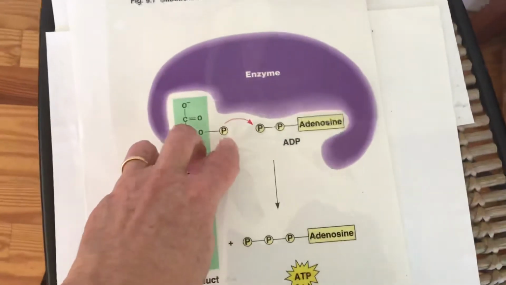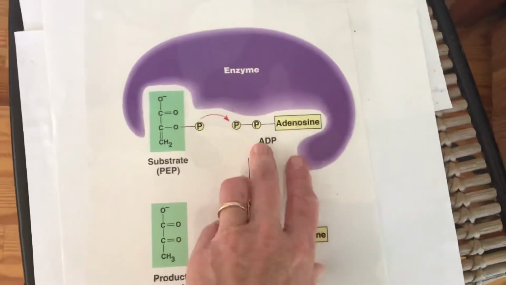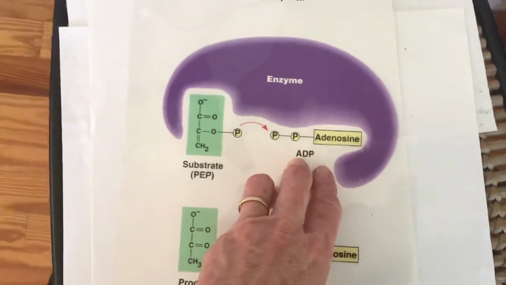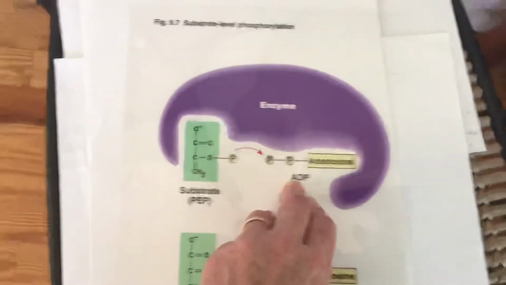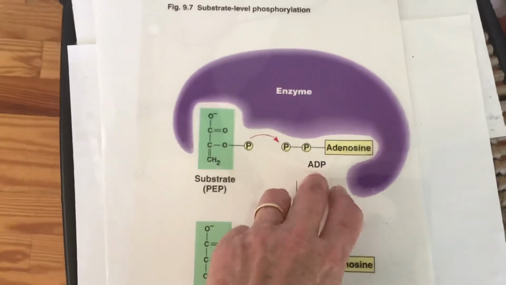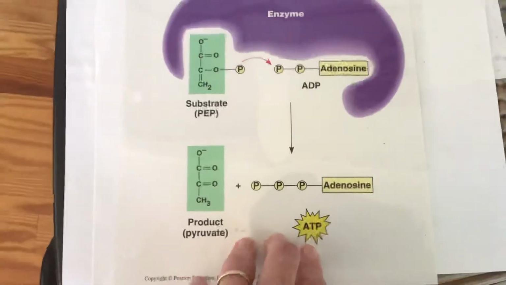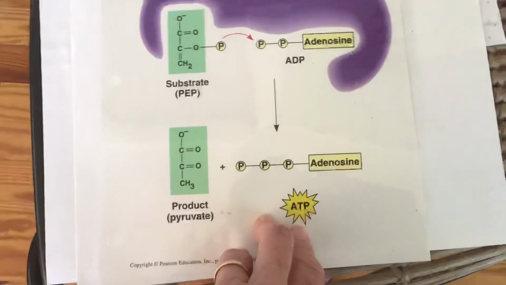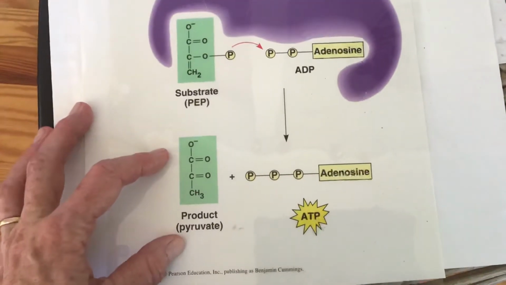It's going to take a phosphate group off of that and phosphorylate ADP, or adenosine diphosphate, which, remember, is a cyclic nucleotide. That will take on that phosphate group and become ATP, which is our energy carrier molecule throughout the cell. And it leaves a byproduct we call pyruvate.